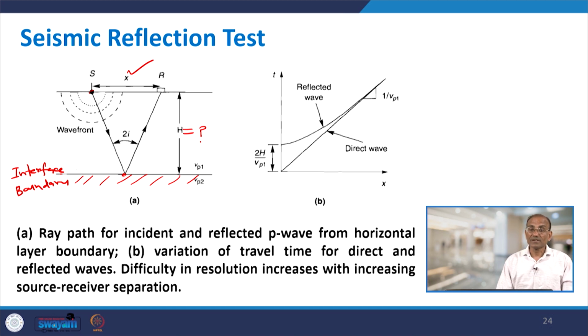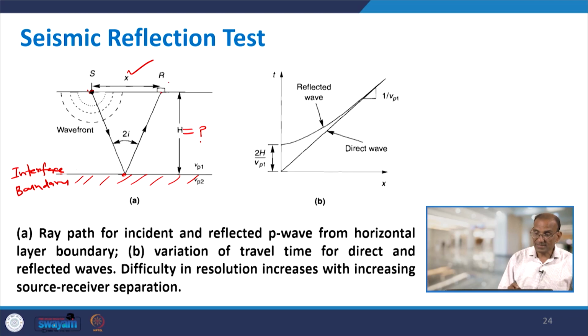Now, at the receiver we have two waves, one covering distance x from S to R, and another going along this reflected route. For both cases we need to derive some relations, which we will talk about in the next slide. Here, let us say the time taken from S to R, Td, you have recorded.